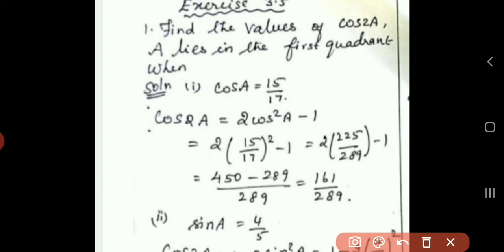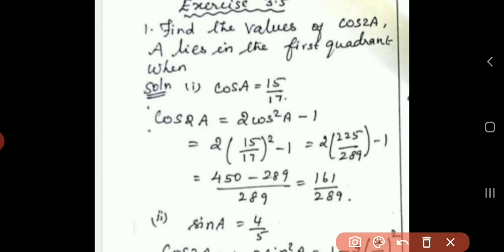So in this I want to substitute the value of cos a. So it becomes 2 into (15/17) the whole square minus 1. If you square this, I got 225/289, and then take the reciprocal and simplify, so that I got (450 minus 289) divided by 289.